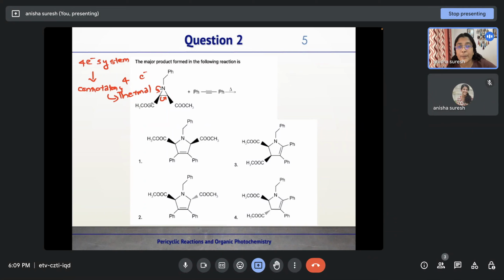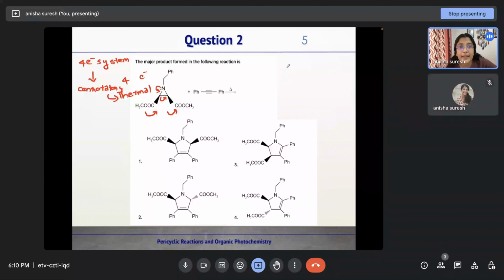So if it opens in conrotatory fashion, if this CO2Me is going inside the ring, inside this system, this other one will be going away from the system.